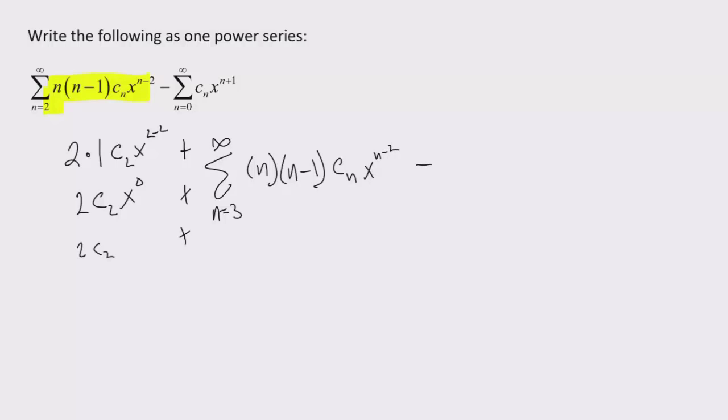And then minus, and since we haven't done anything with the second summation, we're just going to bring that down. And let's see if that actually did anything interesting for us.